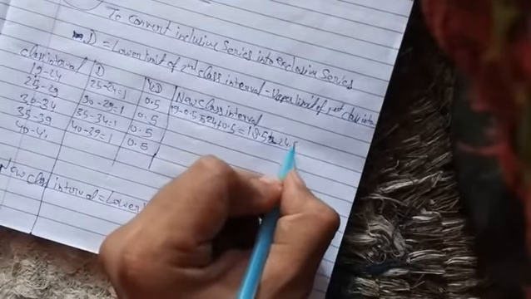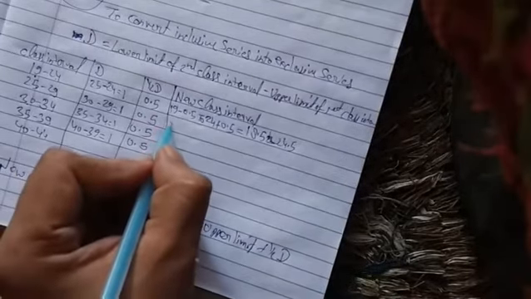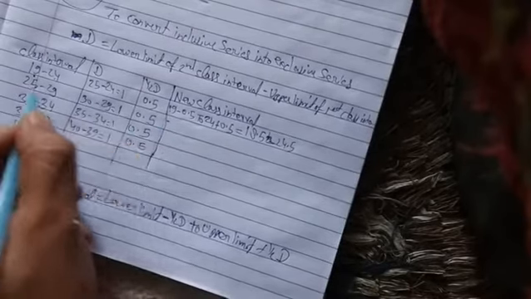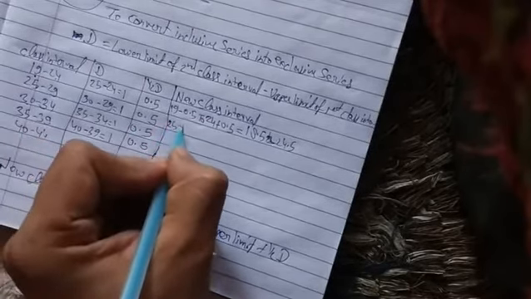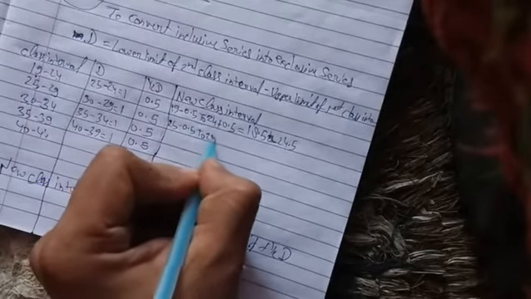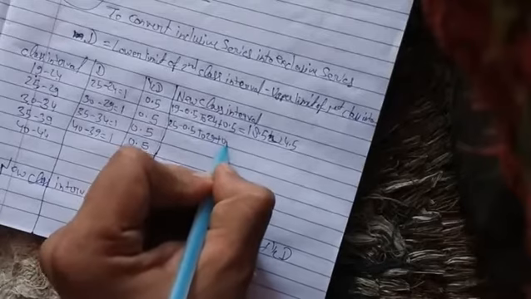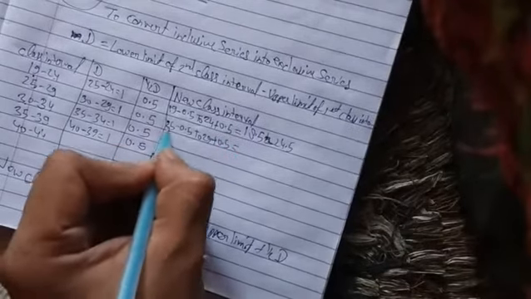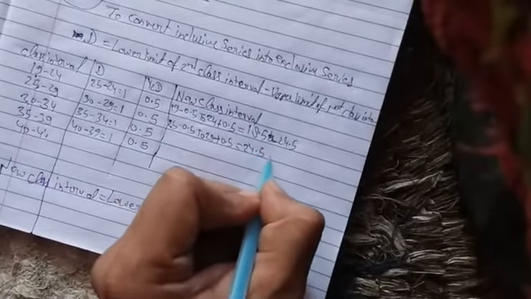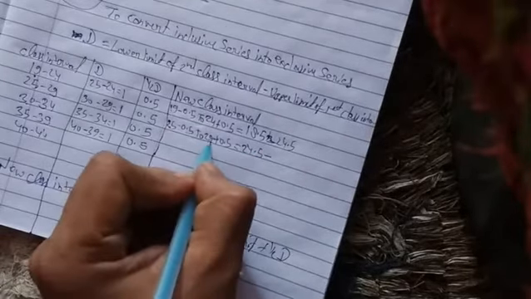In the same way, 25 minus 0.5 to 29 plus 0.5, that is 24.5 to 29.5.